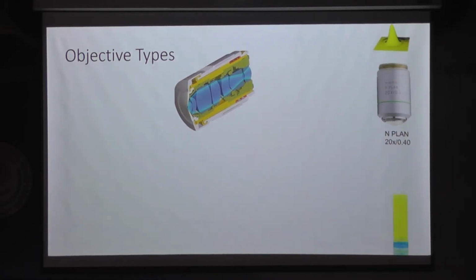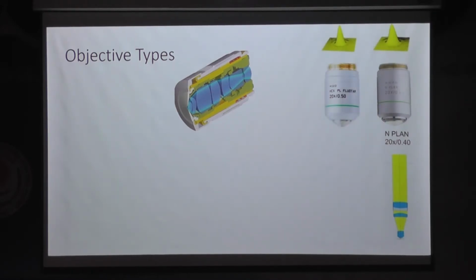This is an N-Plan objective. It is a combination of these blue glass pieces. This objective is formed with the help of these many glasses, some 4 or 5. And it is being resolved in this way. The Airy disc is shown in this way.